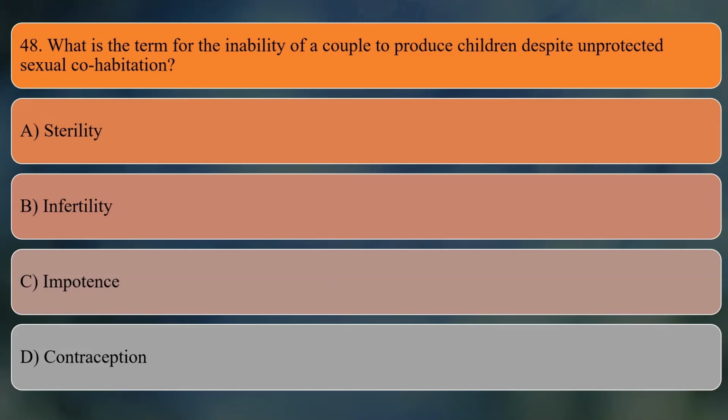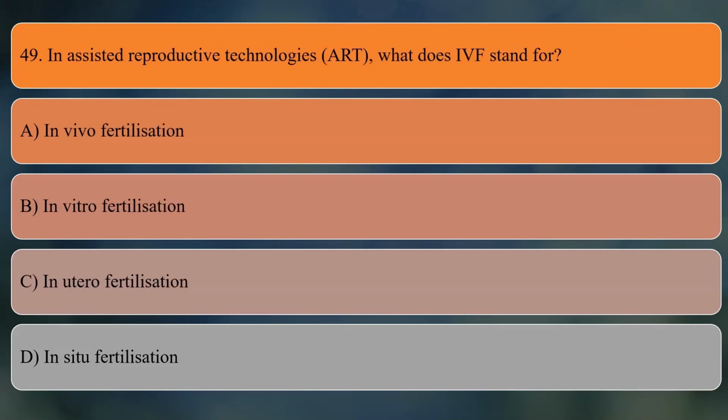What is the term for the inability of a couple to produce children despite unprotected sexual cohabitation? In assisted reproductive technologies, ART, what does IVF stand for?